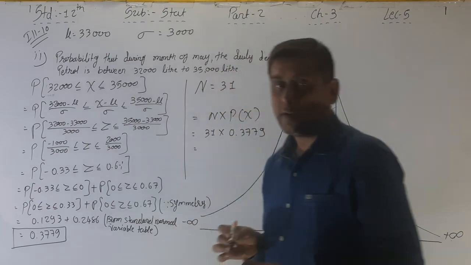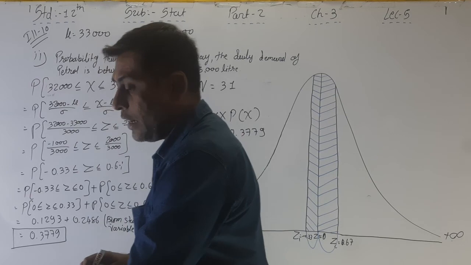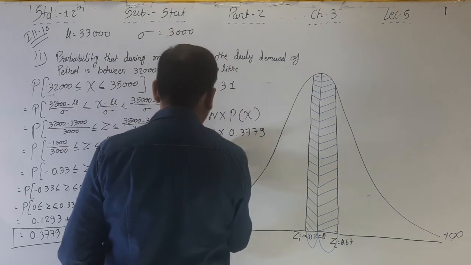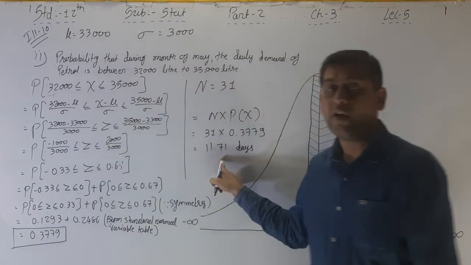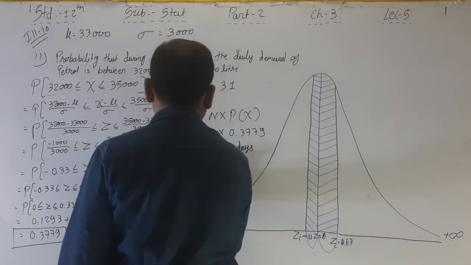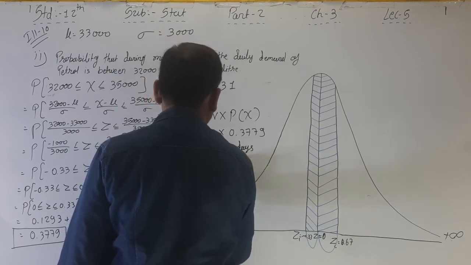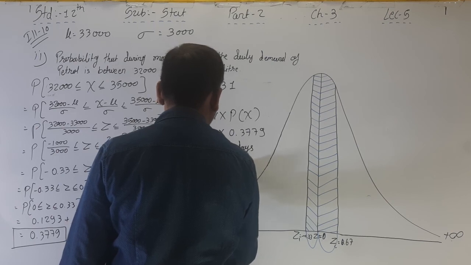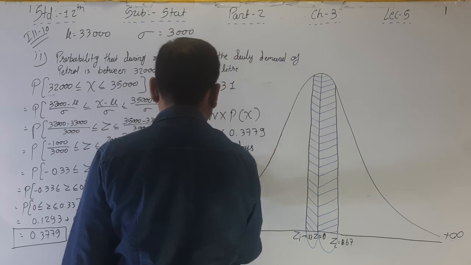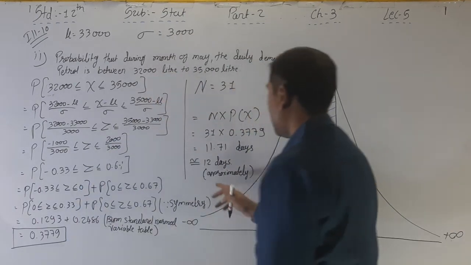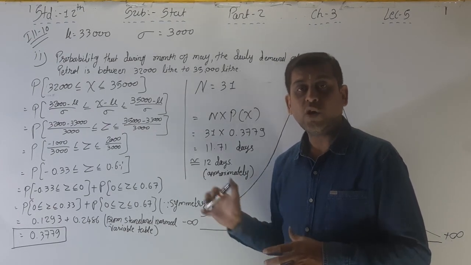So multiply it, 31 into 0.3779, that is 11.71 days, and days are not in a fraction, that's why approximately 12 days. That is your final answer.